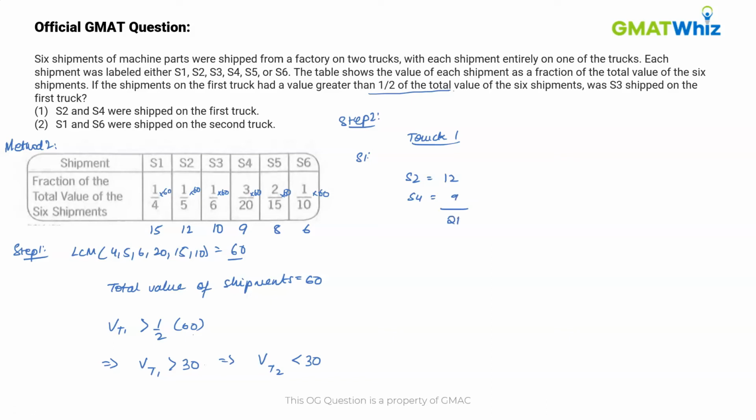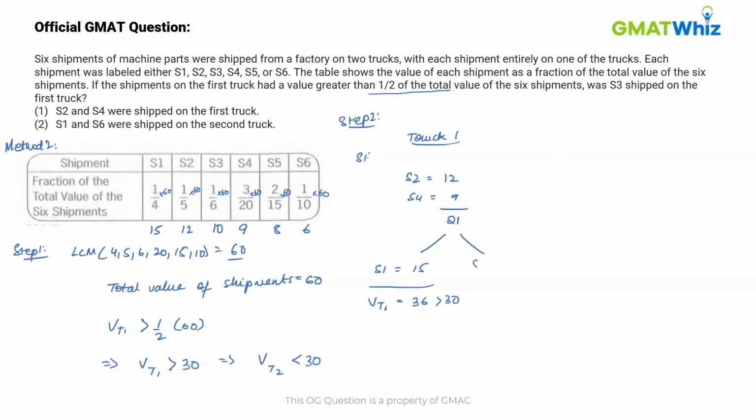Now we have to make this greater than 30, since the total value of the shipments on truck 1 is greater than 30. Now we can add S1 to it, whose value is 15, and then the total value on truck 1 will be equal to 36, which is greater than 30.